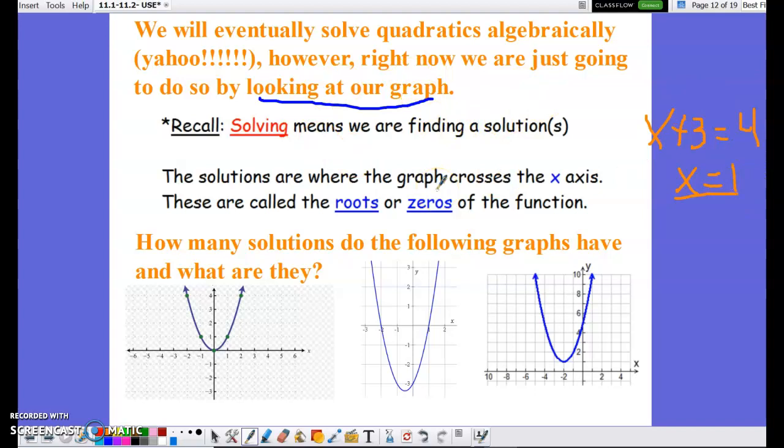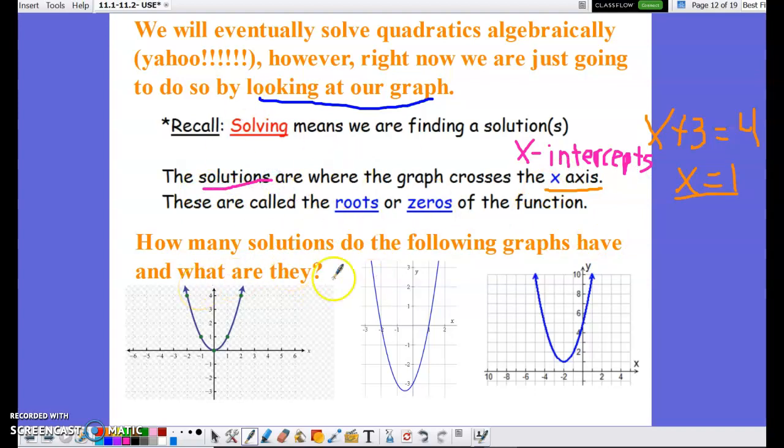The solutions for a quadratic are where the graph crosses the x-axis. Another word for where the graph crosses the x-axis, you should know this from before, is the x-intercepts. Our x-intercepts are where our solutions are going to be to our quadratic if we try to find them graphically.